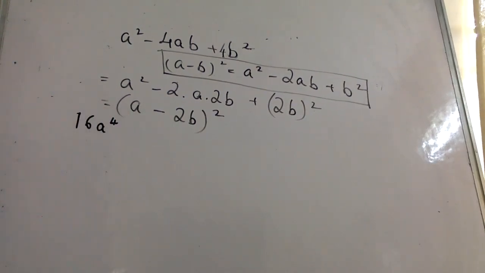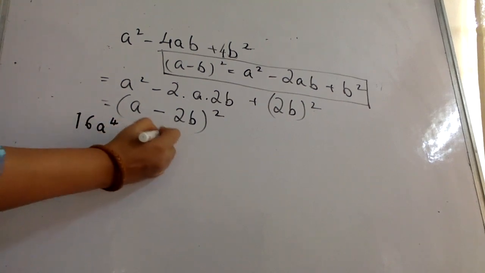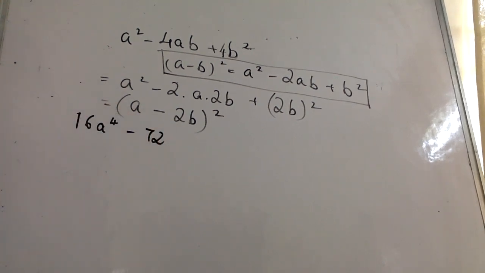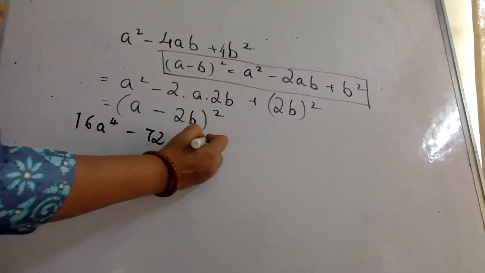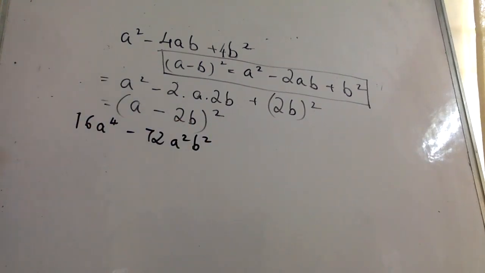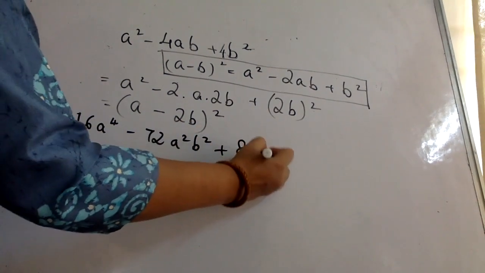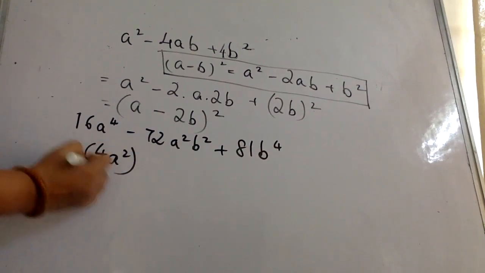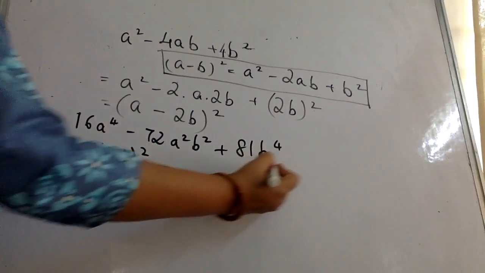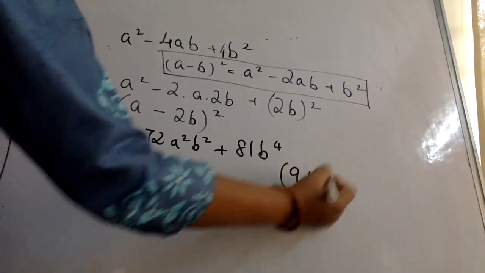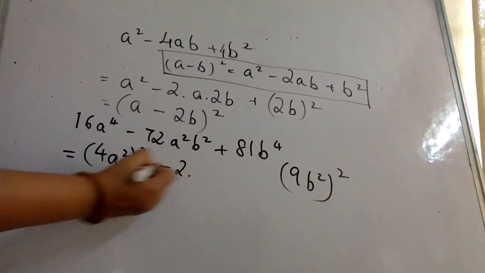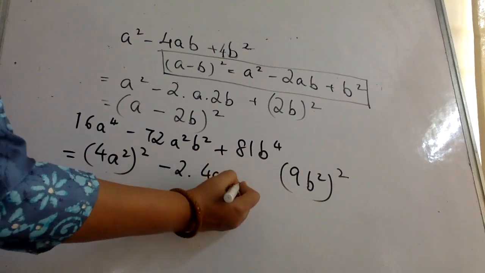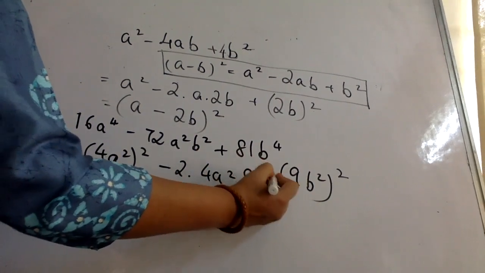16a to the power 4 minus 72a square b square, and then plus 81b to the power 4. This is (4a square) square and (9b square) square, minus 2 times 4a square and 9b square.